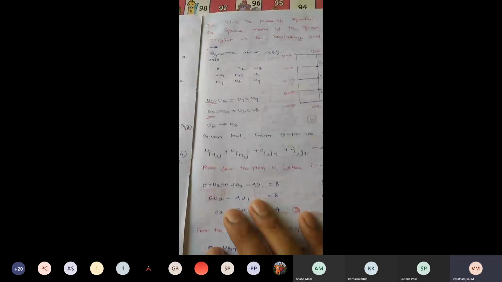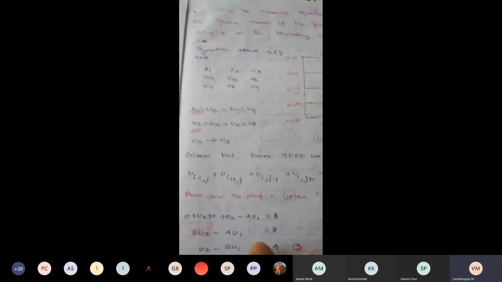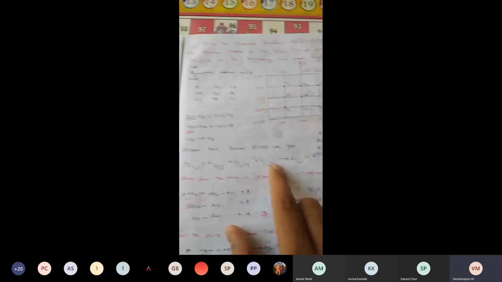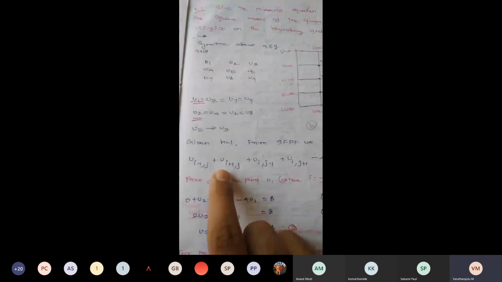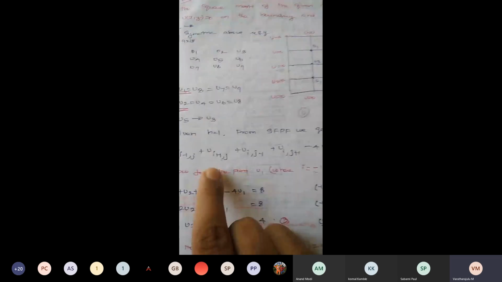And our h is equal to 1, that is given in the problem itself. Therefore, the formula becomes this. Please make a note of this particular formula, given h is equal to 1. For the standard 5-point formula, by applying the h value in the given equation, we get h square f(ih, jh).